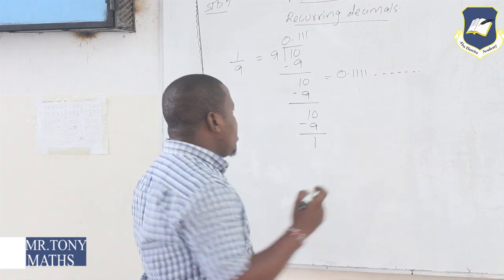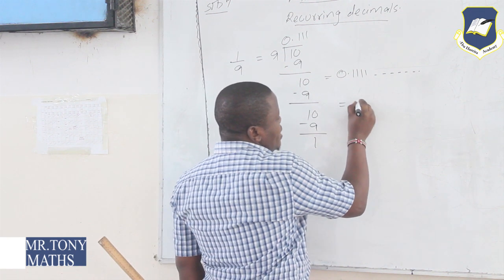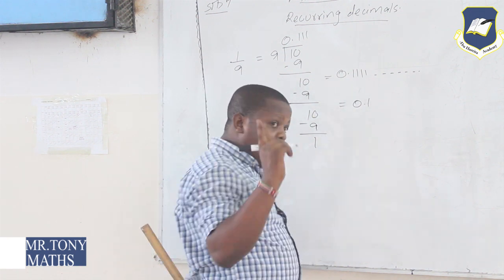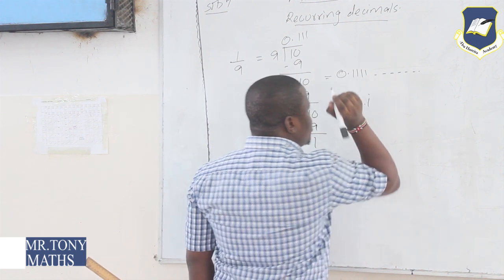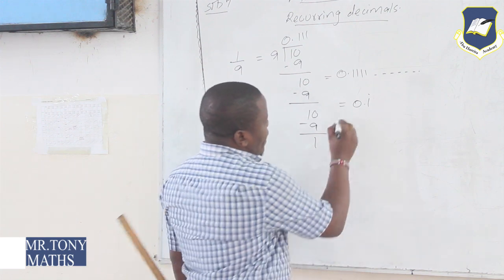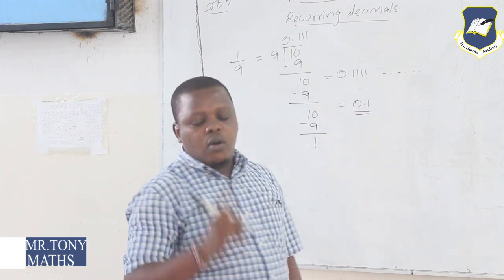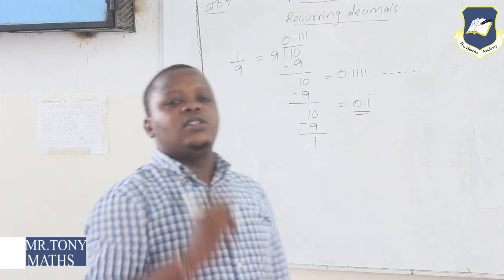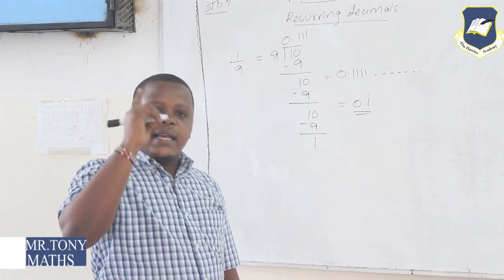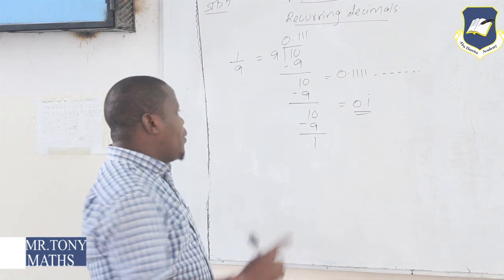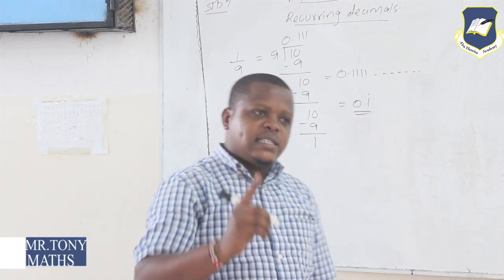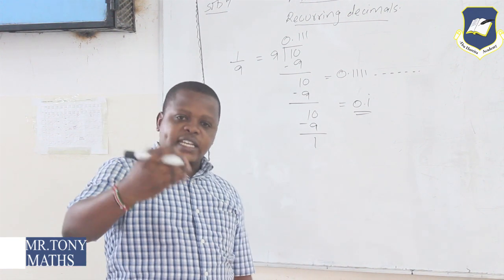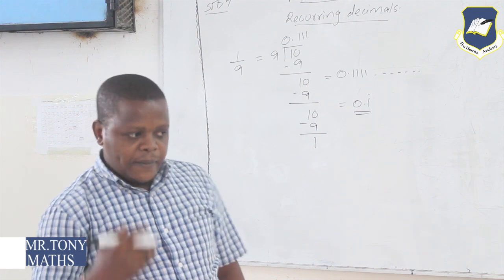So in your answer, you say that it will be 0.1 with a dot up there on the 1 to show that it is the digit that is repeating itself. It's very clear, it's very simple, brought about by just division. Just divide and identify the digit that is repeating itself.